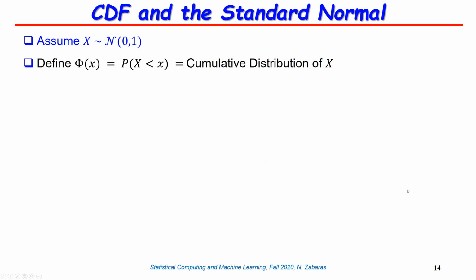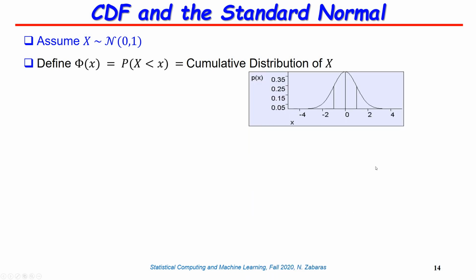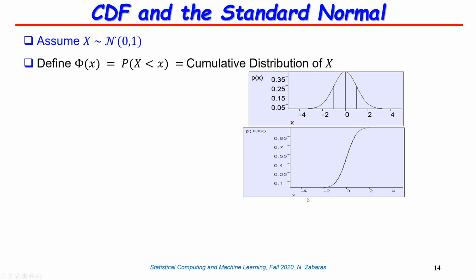All right, so again, for a standard Gaussian, my notation for the CDF of the standard Gaussian is Greek letter phi of x. That's the cumulative distribution of the standard Gaussian. And this is a typical plot of how this CDF looks like, right?